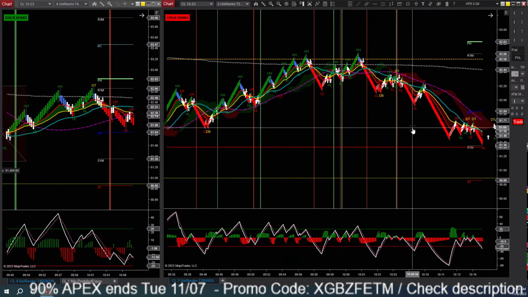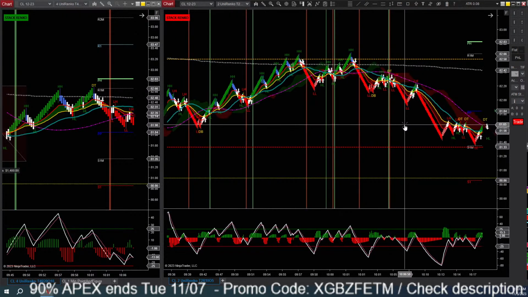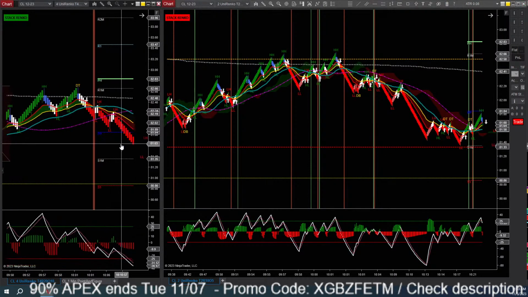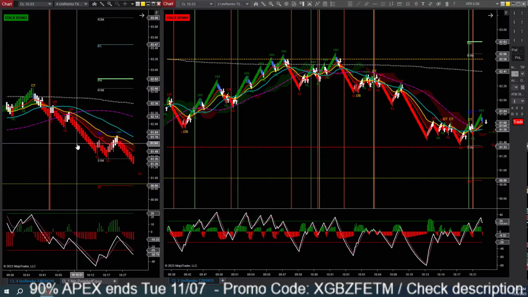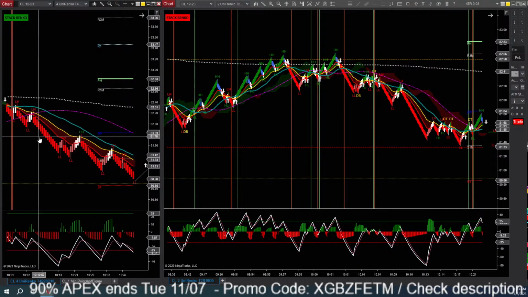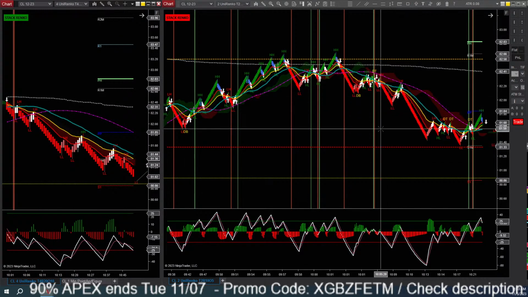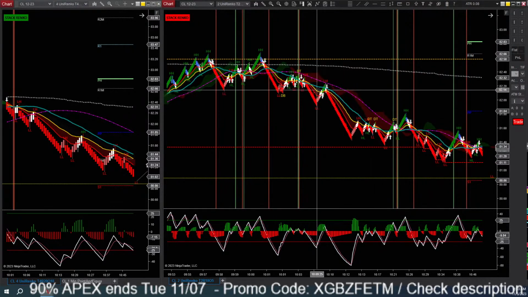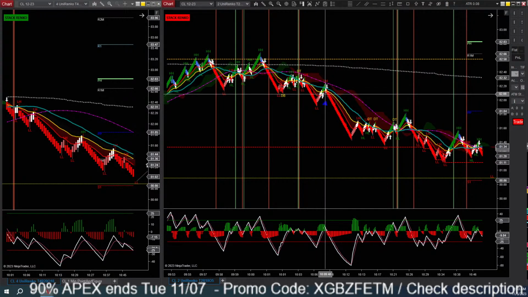But I would expect this one to consolidate there. Boom, boom. Look at that. These moves are not that clean, right? But you have that one there, which is the first one.